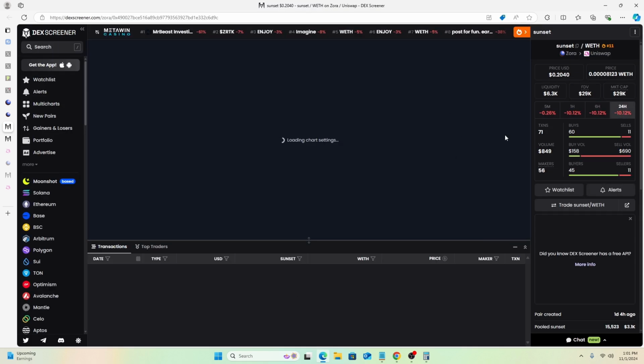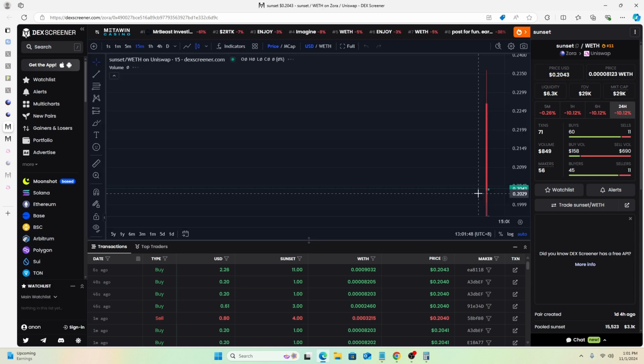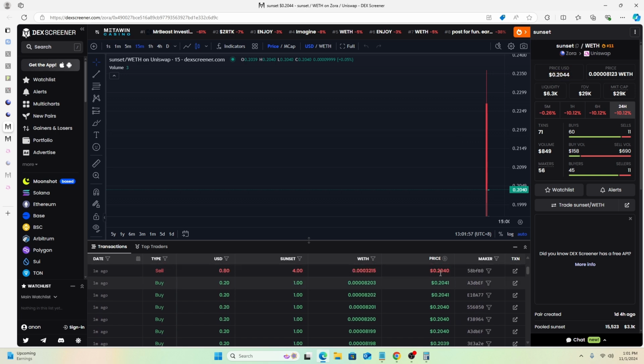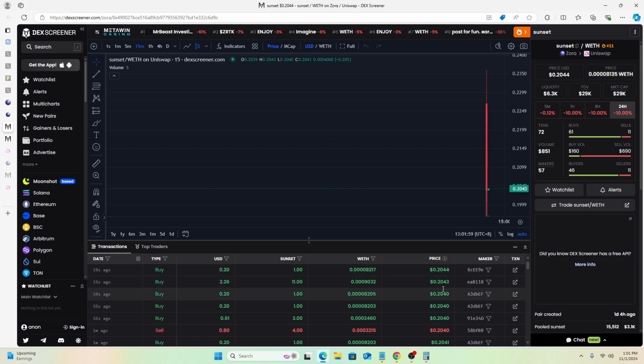It has already launched on DEX Screener, and it started at a lower valuation. So you see here the price is now 20 cents, meaning that if you are not holding, you will be at a loss if you participated in the mint.